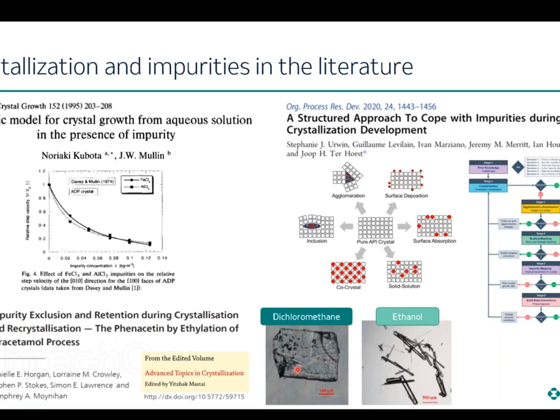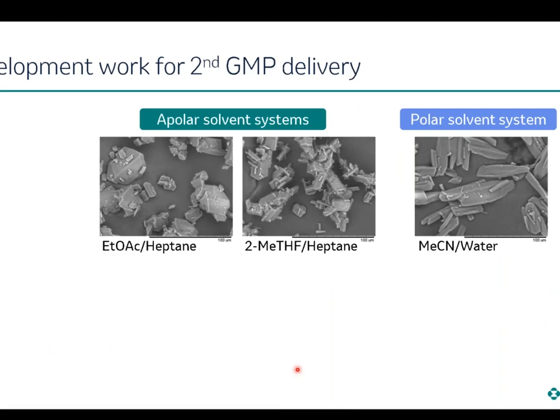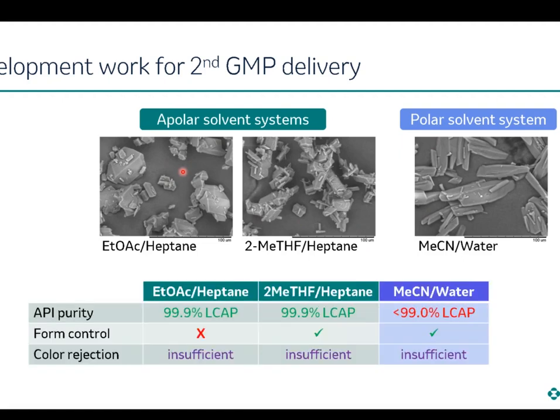So with all this literature, what does this mean for our development work? Again, we've seen this from early experiments with pure material. Once I ran this with crude material, I received the following results. When it comes to API purity, indeed, the apolar systems had very good impurity rejection capability.